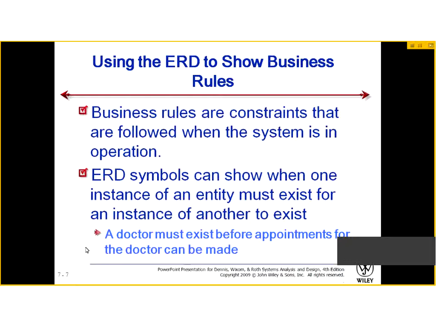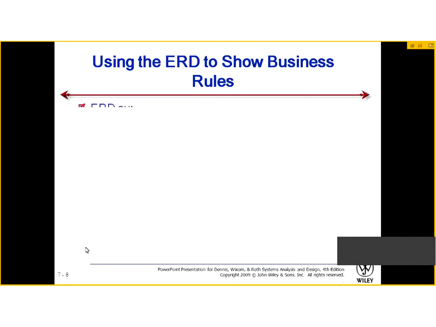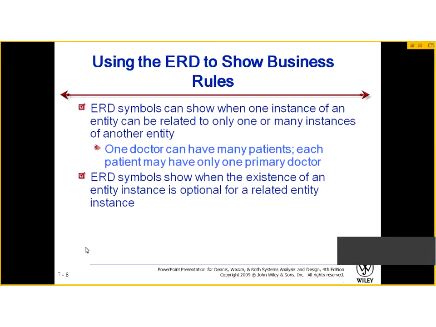If there are certain rules followed in your system and in your organization, you can implement those rules, and you can specify whether the entity is optional or mandatory. You can place all these constraints and rules in your system, and these can be realized using your entity relationship diagram.